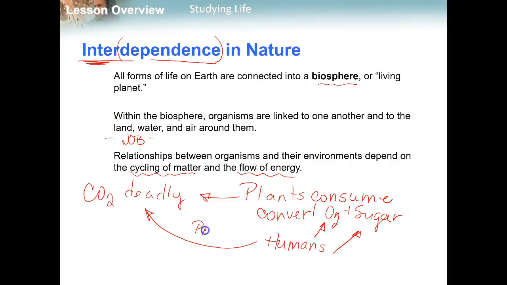Humans produce the CO2 and waste. And that waste and that CO2 are used by the plants. So we are connected to those plants in order to be able to convert this deadly CO2. And plants, it's not deadly to them. They need it in order to survive.